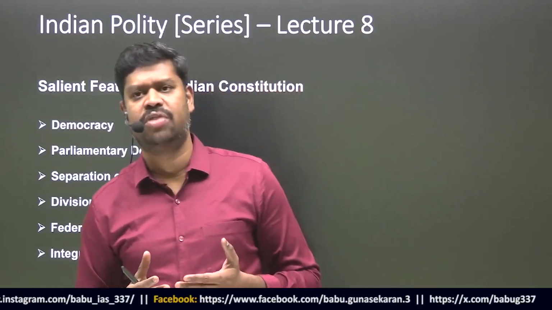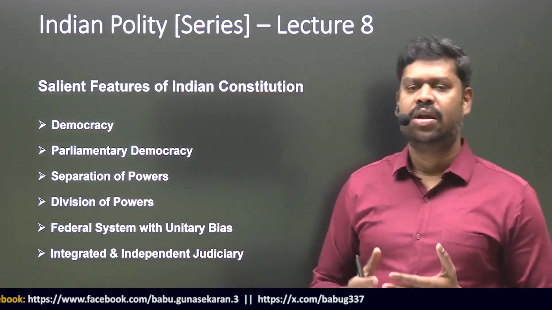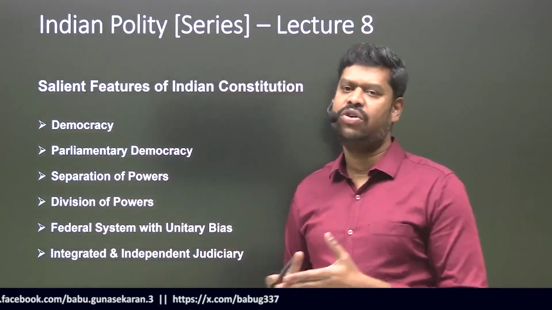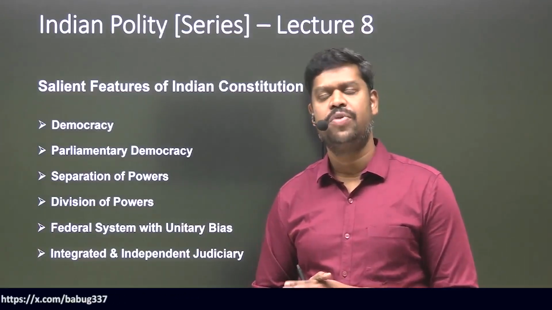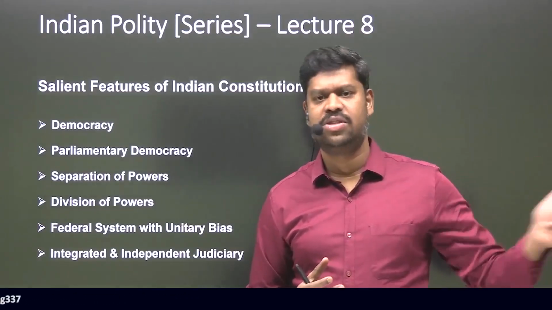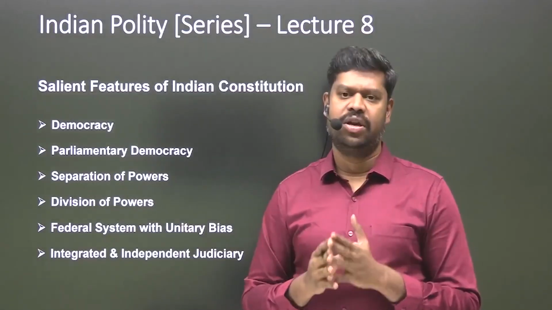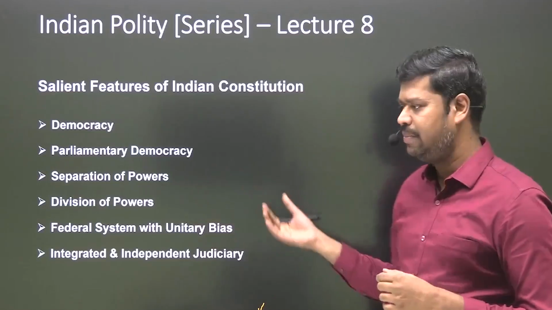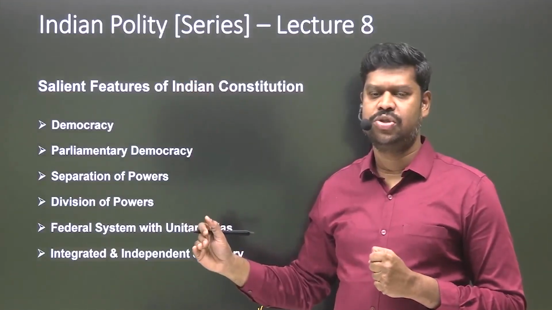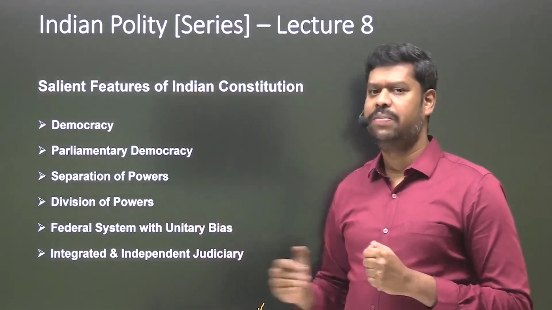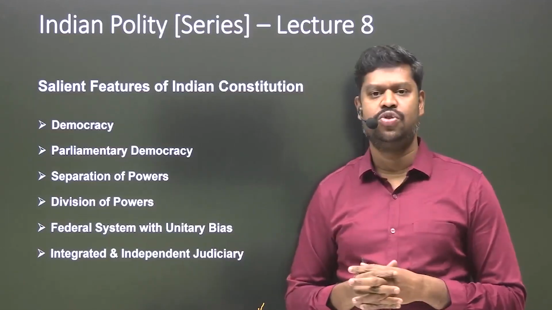In fact, removal of judges is extremely difficult in India. Not even a single judge of the Supreme Court or the High Court has been removed in our country till this point of time. Although that can be done by the legislature and the executive, it has not happened. They have made the process so difficult to ensure the independence of the judiciary. So there are a number of provisions in the constitution which provide independence to the judges in our country. That is what is called an independent judiciary.